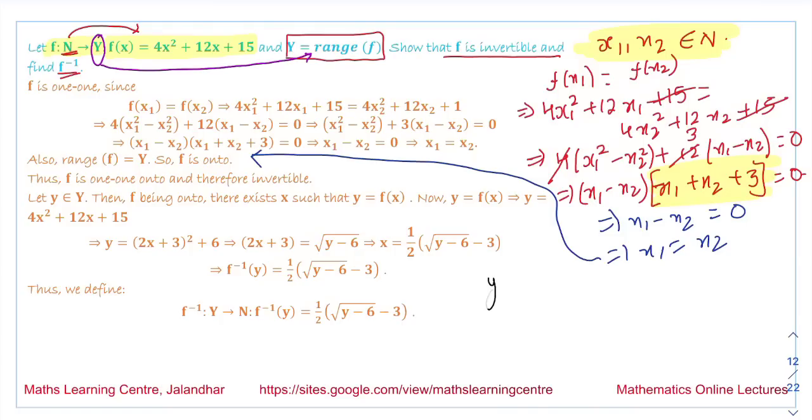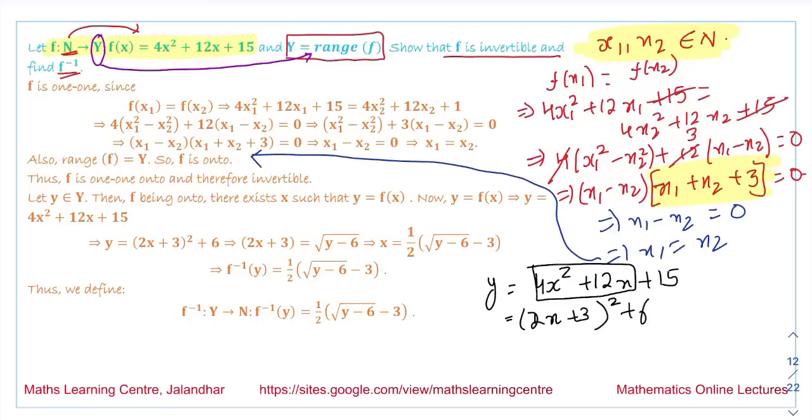So we equate this 4x square plus 12x plus 15 to y. Now if we complete the square of this term, we obtain 2x plus 3 whole square plus 6. So we are going to complete the square. We are writing it just like 2x square plus 12x.